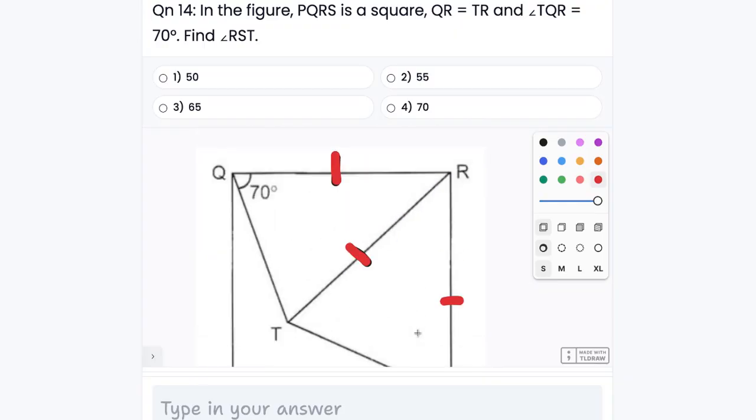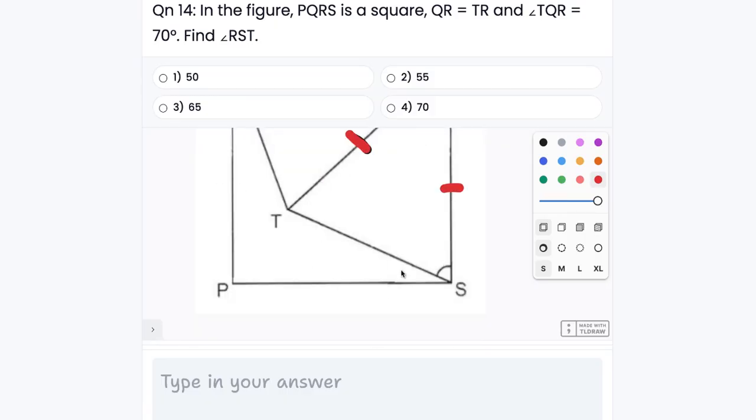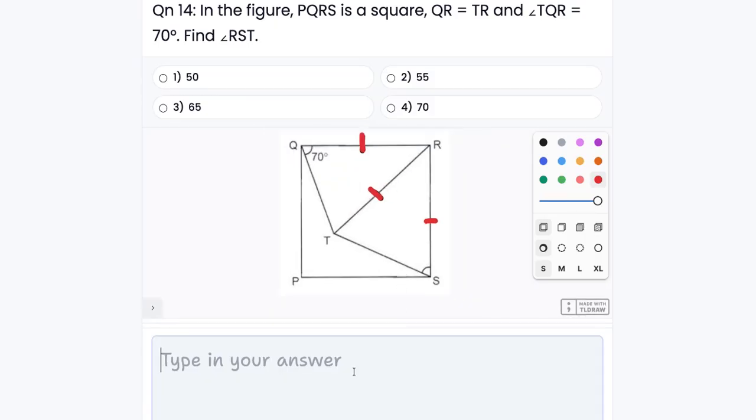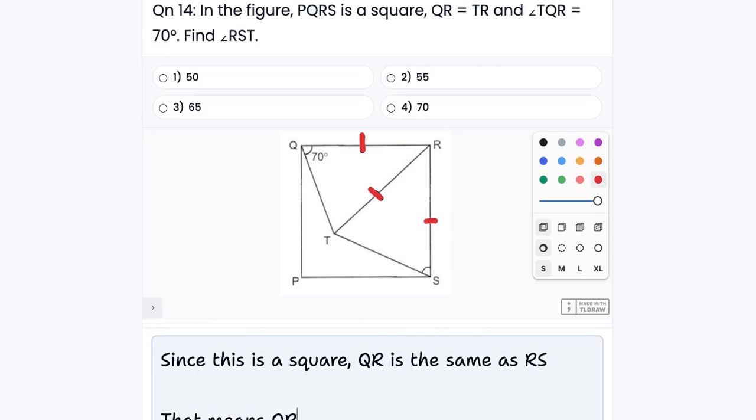That's what you see over here. Okay. So if I were to write this down, since this is a square, QR is the same as RS. That means QR is equal to TR is equal to RS.